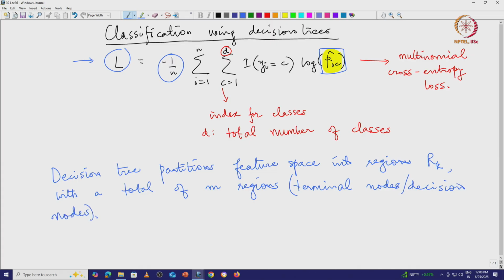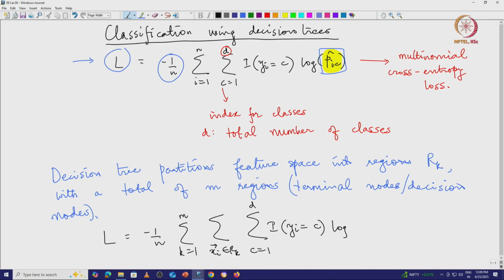Okay. So if you want to rewrite this loss function in terms of the decision nodes, then this will become minus 1 over n, sum k going from 1 to M. So you will just go to every region and then you will look at all the points which belong to that region, and then you will sum over the classes c going from 1 to D, the indicator function which tells you whether the y_i really belongs to class c, times log of p hat k c.